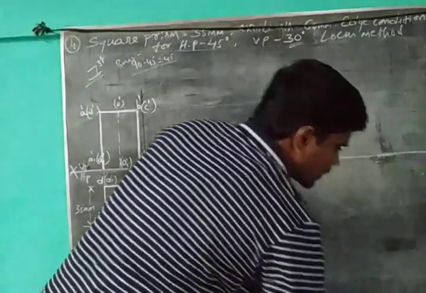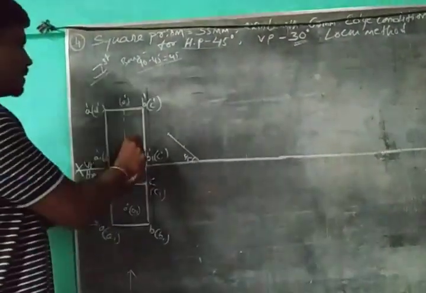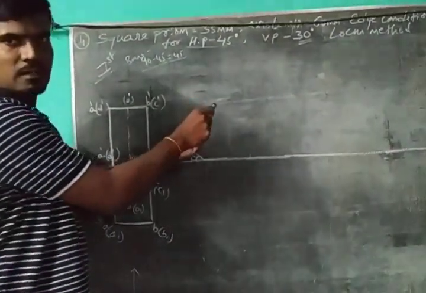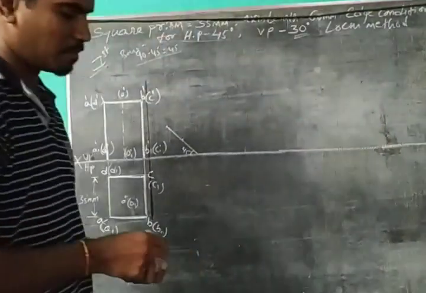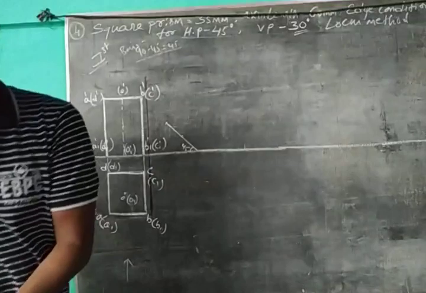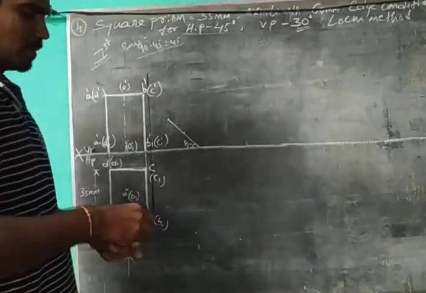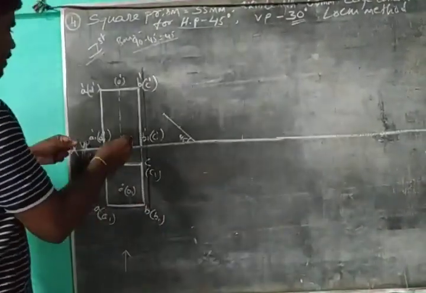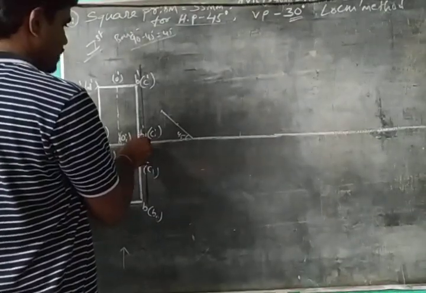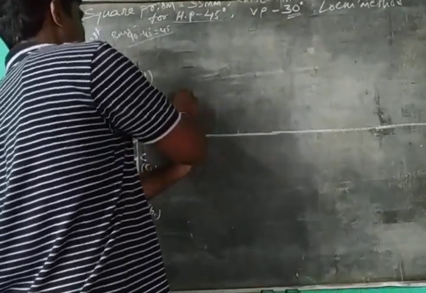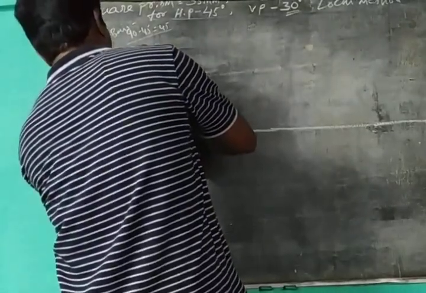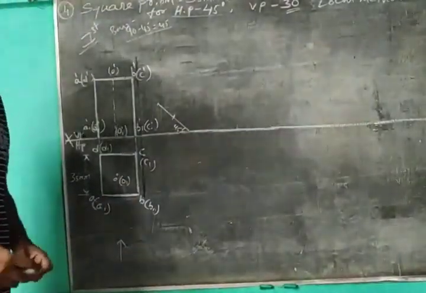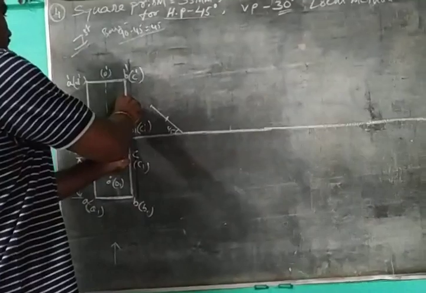So I need to take the compass. We can take the compass and cut the arc, but here I don't have any big compass, that's why I am using this simple instrument to cut the arc distance. So take this distance from here, cut it, and here you can cut. Next you can take the height of this.